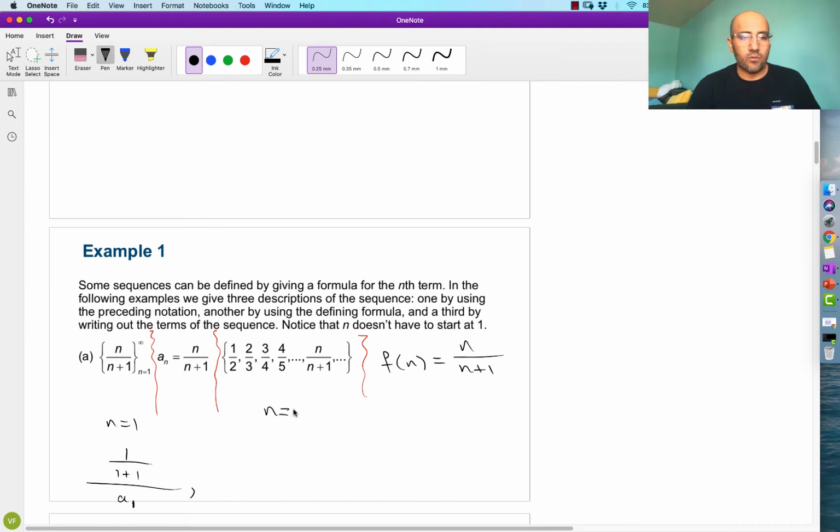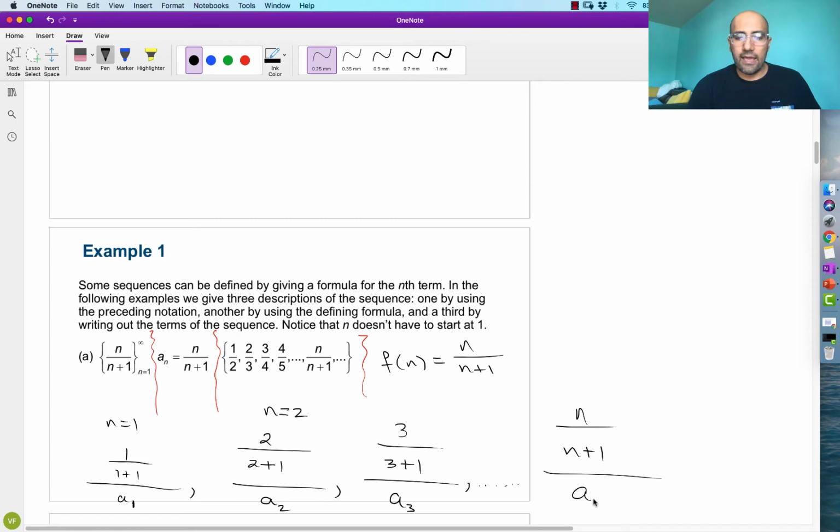When n equals 2, then we end up with 2 over 2 plus 1, which becomes the second one on my list, and then 3 over 3 plus 1, which becomes the third one on my list, right? Dot, dot, dot. And so n over n plus 1 is the a sub nth one on my list.